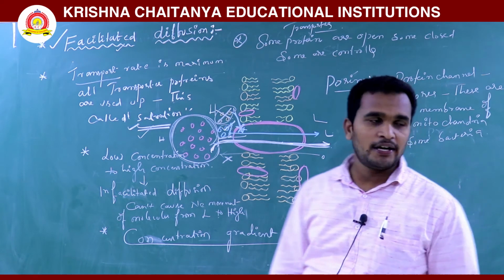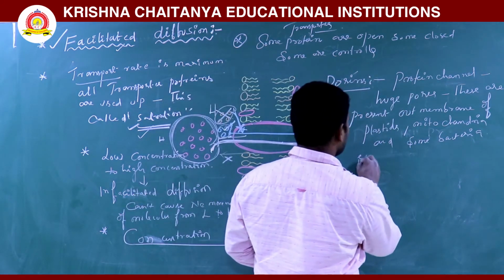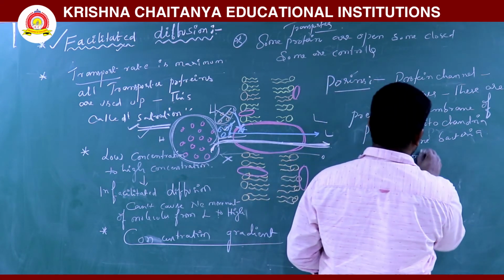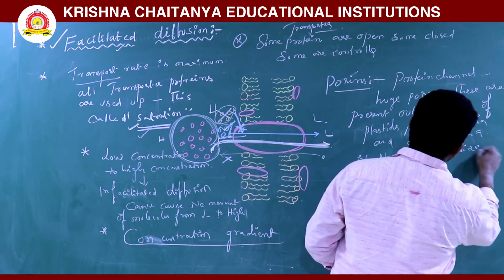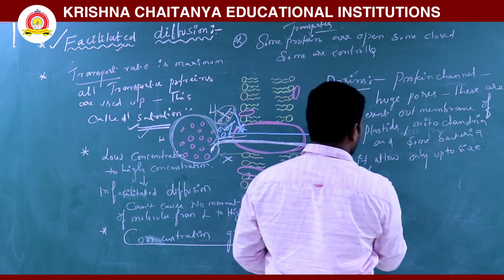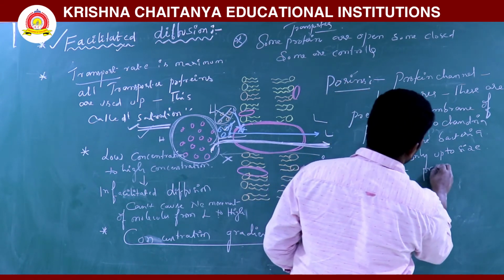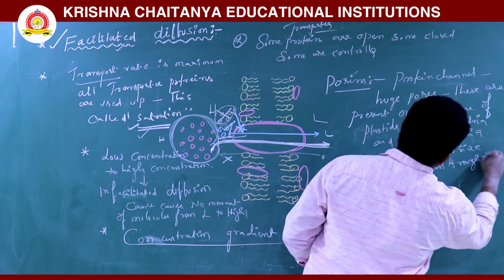Some bacteria have these pores. It allows only molecules up to a certain size to pass through it.